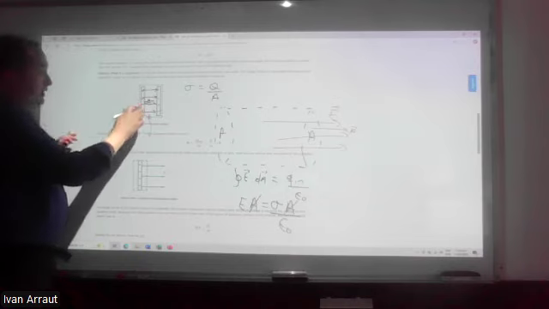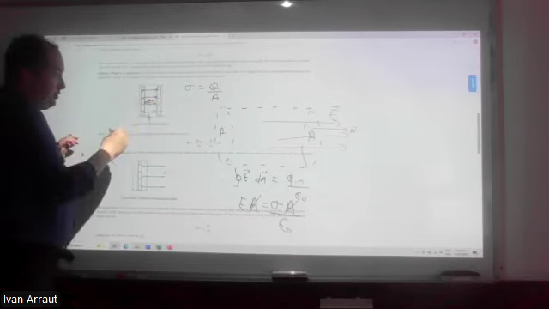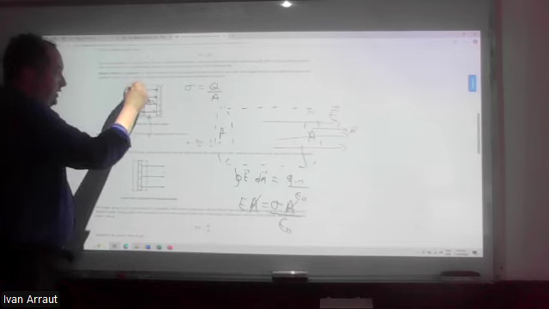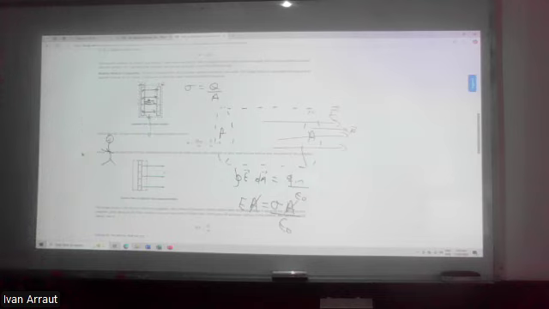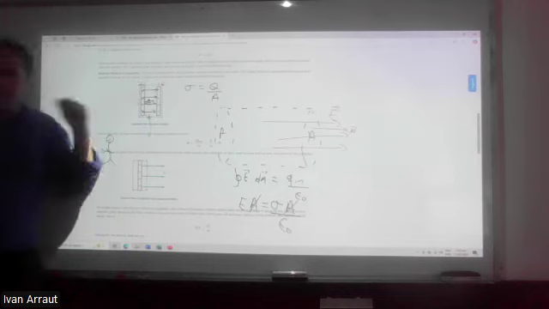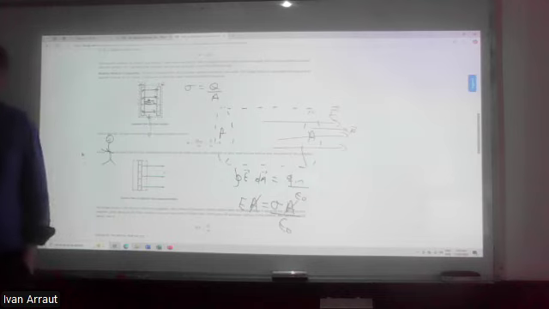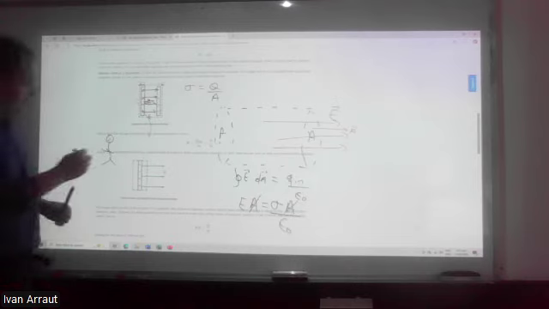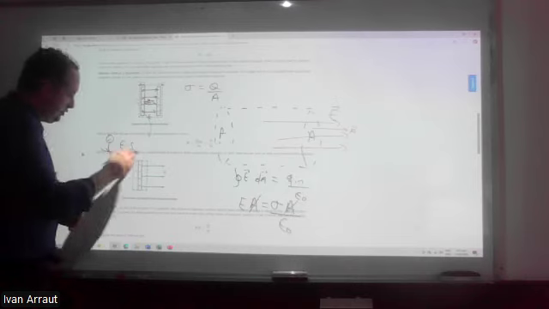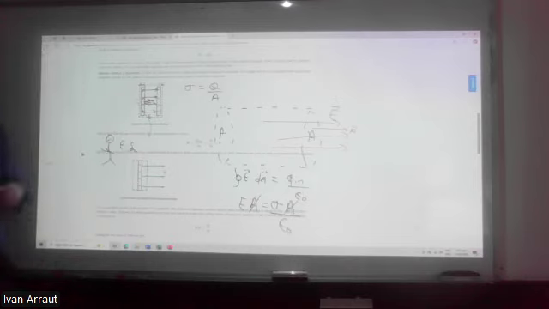What happens if I duplicate the charge of this plate with respect to this one? Let's say that this plate has 2q and this has minus q. If I am very, very far away, what will I perceive here? I will perceive an electric field proportional to what? If I am very far away.